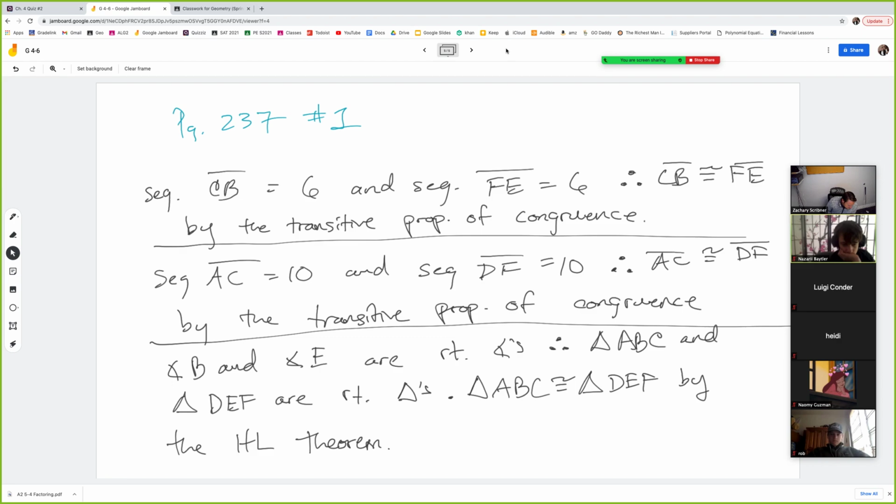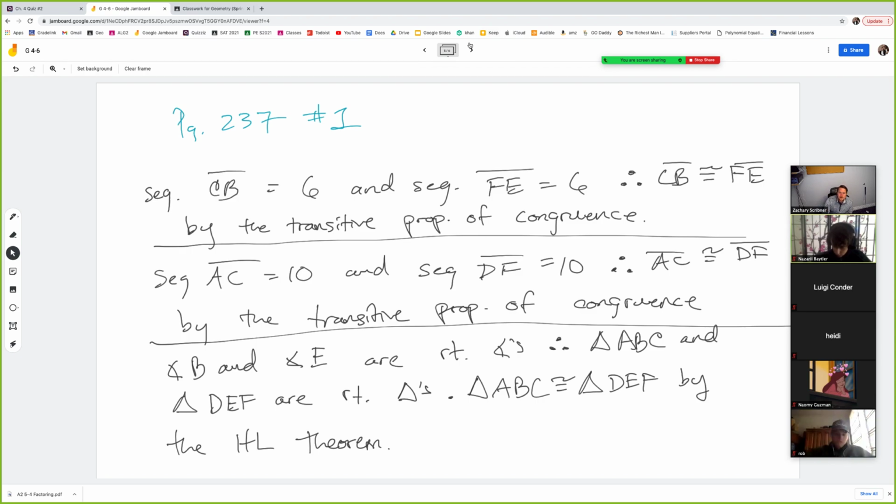Okay? All right. The last question for you guys for your classwork is question number 7 on page 238. All right, it's a proof.